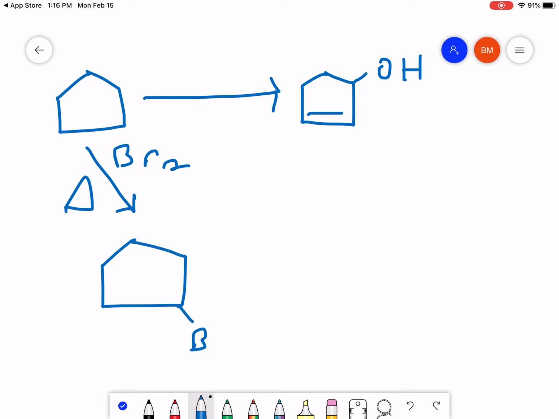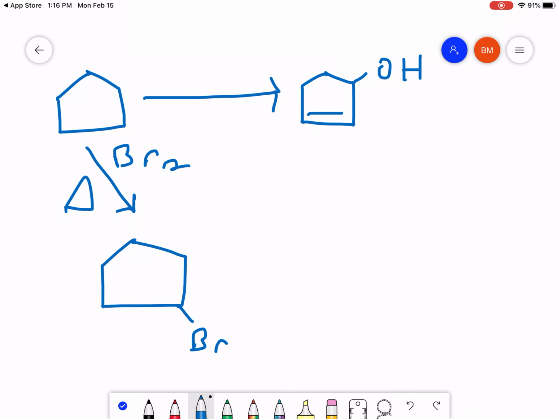And that gives us a bromocyclopentane. Okay, so now I'm going to look and see, I've got to get from here to that final product. I'll tell you that overall, the entire synthesis is going to be about 4 steps, so we should need 3 more steps.